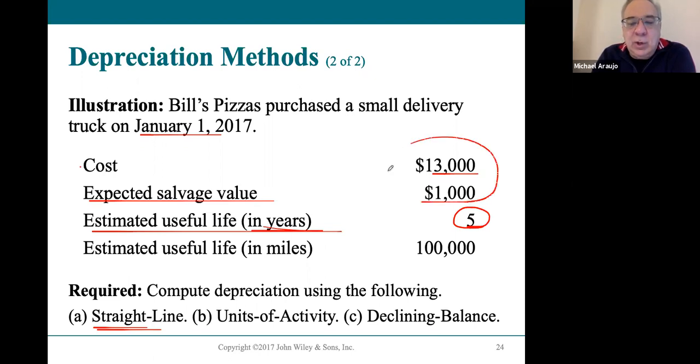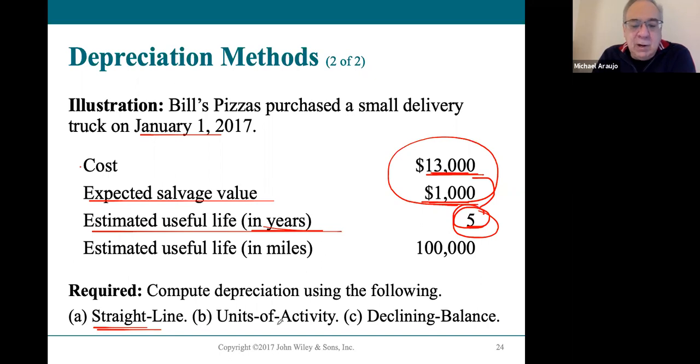So in that 5-year period they're going to be using up the difference, which is the $12,000 difference, between how much they paid for it, 13,000, minus the salvage value, which is 1,000. The difference is 12,000. That $12,000 is going to be expensed over that 5-year period. And that's basically how straight line works.